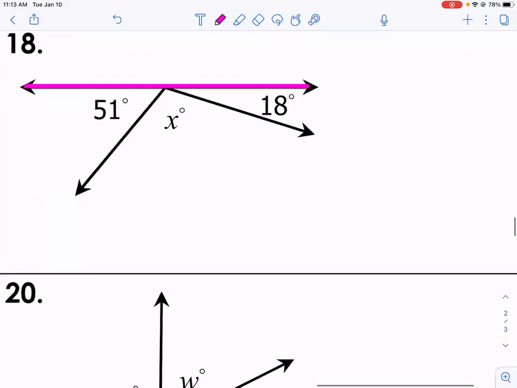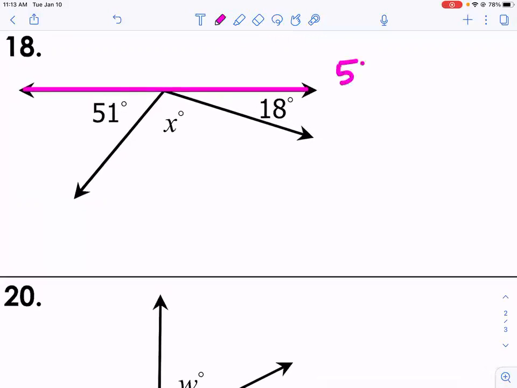So we need to understand that in this picture, 51, x, and 18 all 3 add together to equal 180. Do you see that? Okay, so what are we going to need to do?